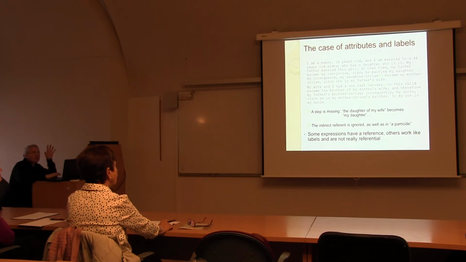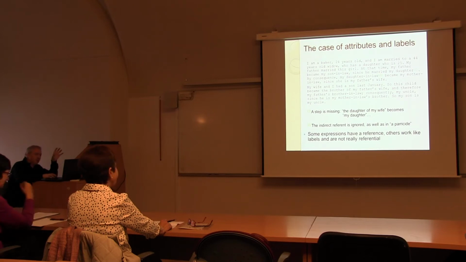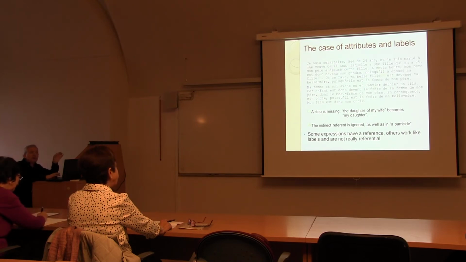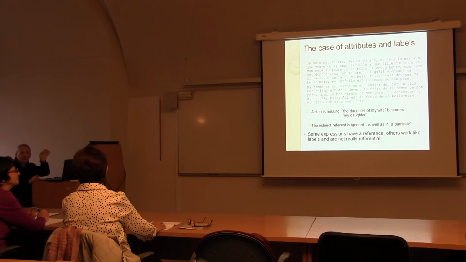Okay, so if we want to annotate all the referring expressions in this text, it's horrible. It's absolutely horrible. And in fact, we have to make a distinction between what is really referential and what is a kind of label and not exactly a reference.